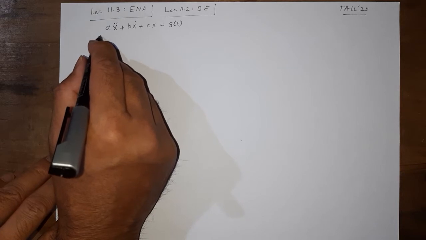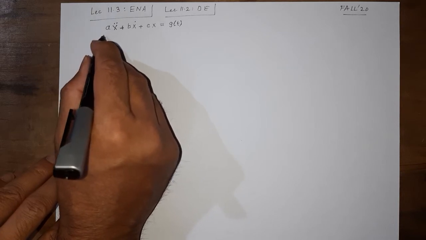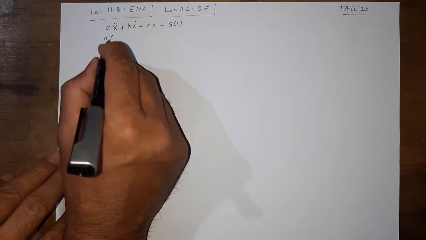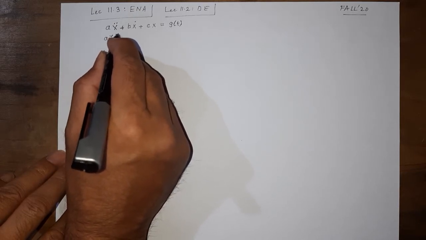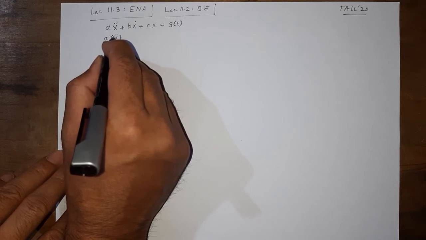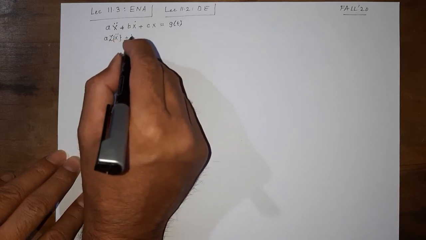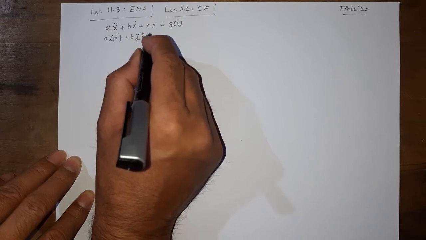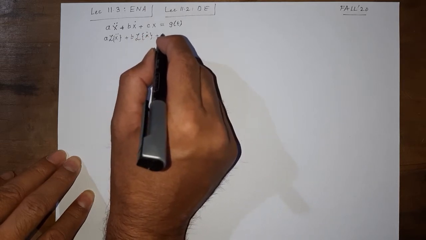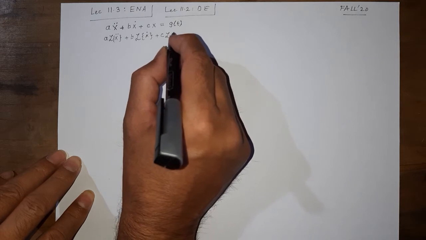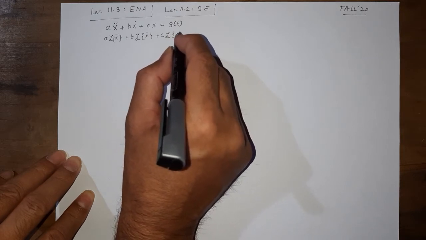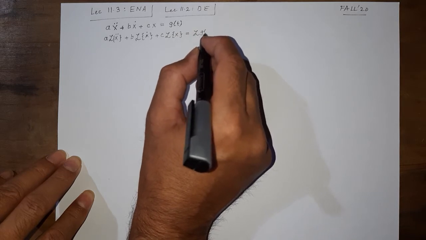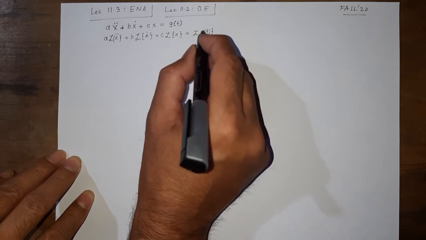Then how is Laplace transform going to help us? We are going to take the Laplace transform of both the sides, and we know we are going to get the Laplace transform of the second derivative of x plus b, the Laplace transform of the first derivative of x, plus c, the Laplace transform of x, and the Laplace transform of g of t.